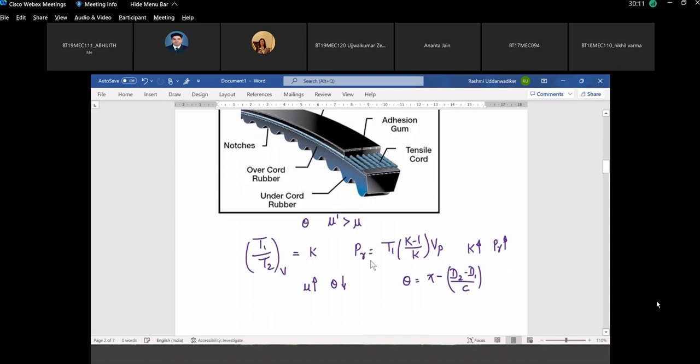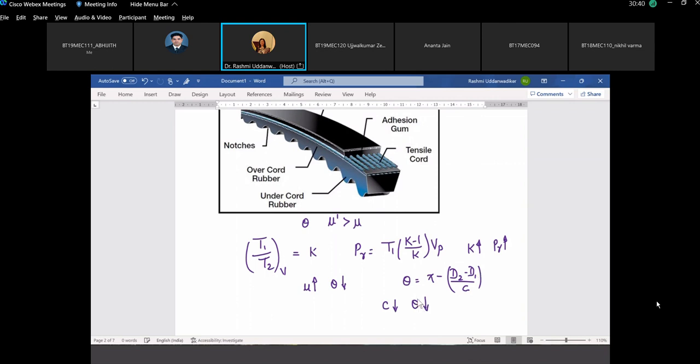What is the effect of center distance on theta? If the value of c is small, this term becomes larger because c is in the denominator, and because this is negative, theta will go down. So for smaller center distance, theta goes down.